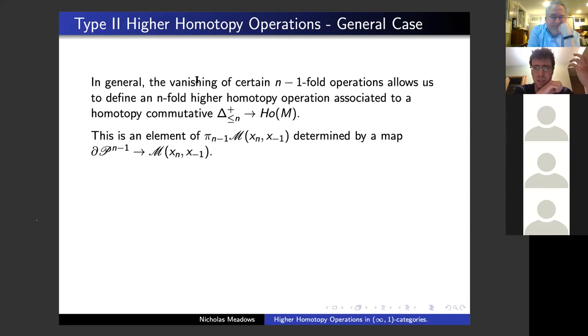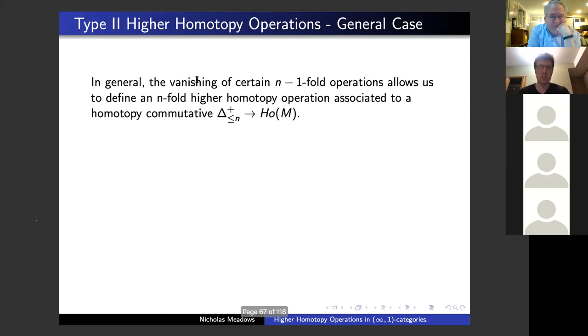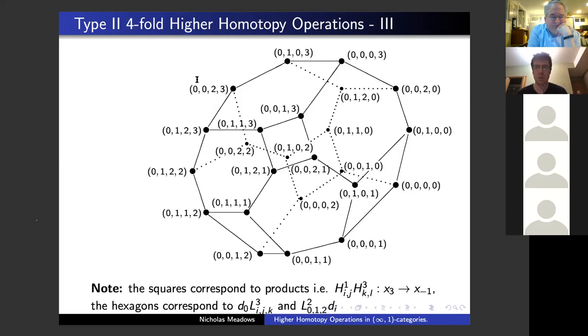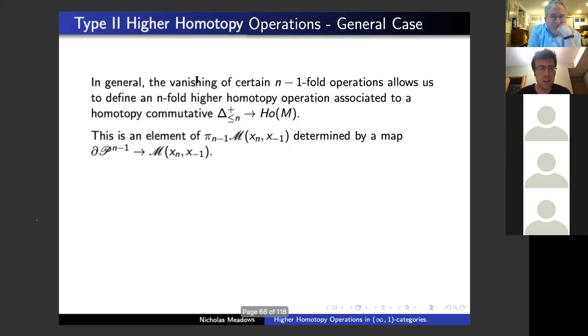And this is determined by that because the boundary of an (n-1)-permutahedron is homeomorphic to an (n-1)-sphere. Like for instance here, the boundary of a hexagon is homeomorphic to a 1-sphere. The boundary of this one here is homeomorphic to a 2-sphere.